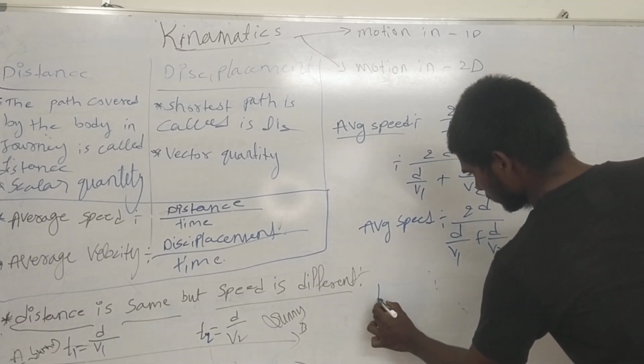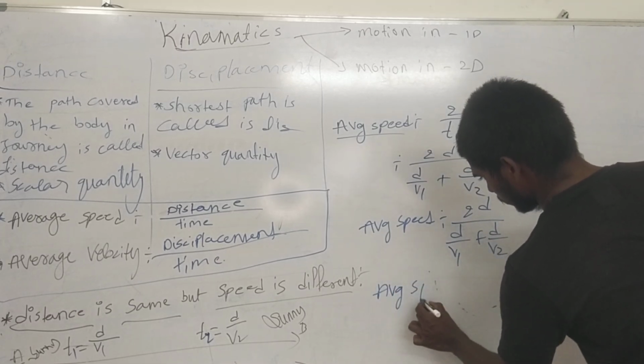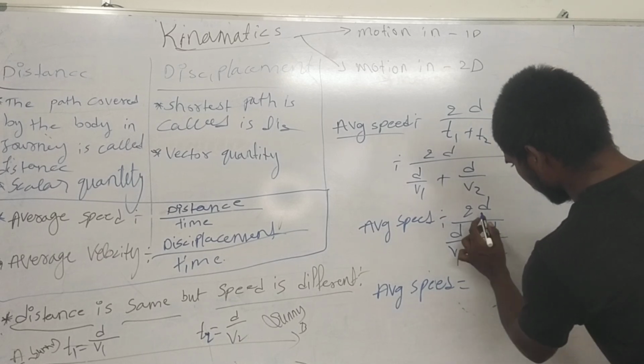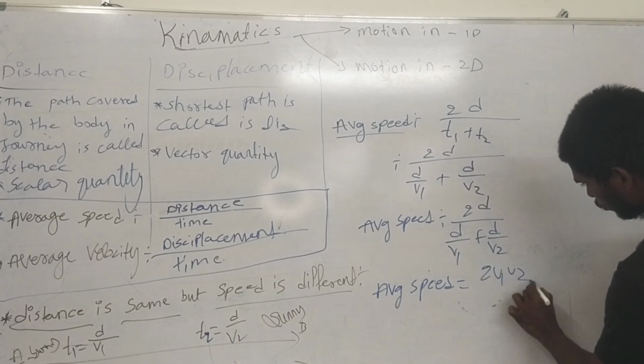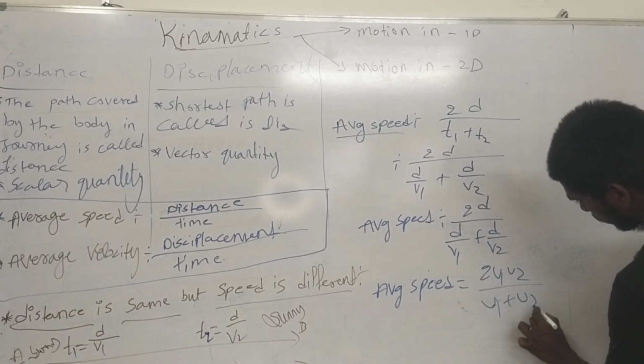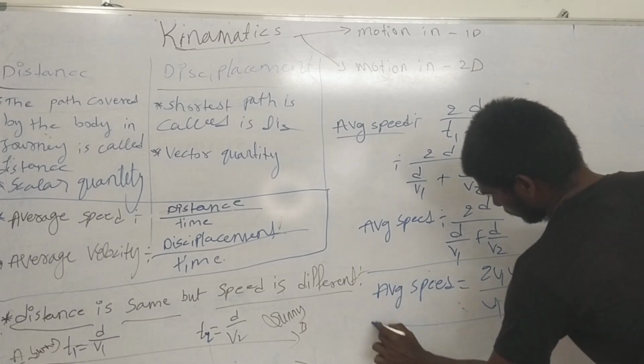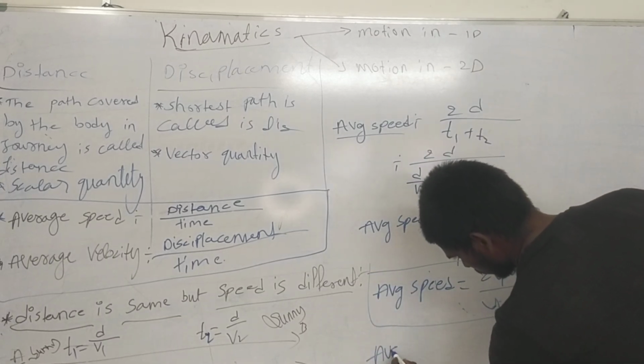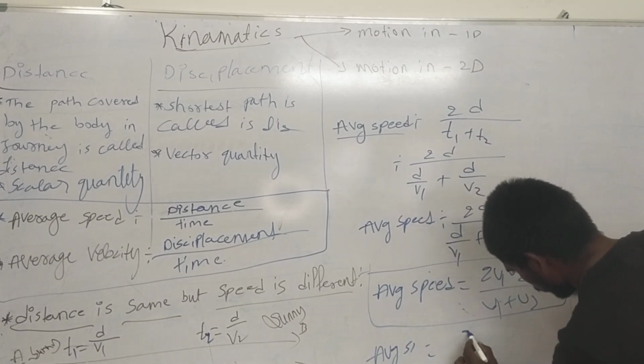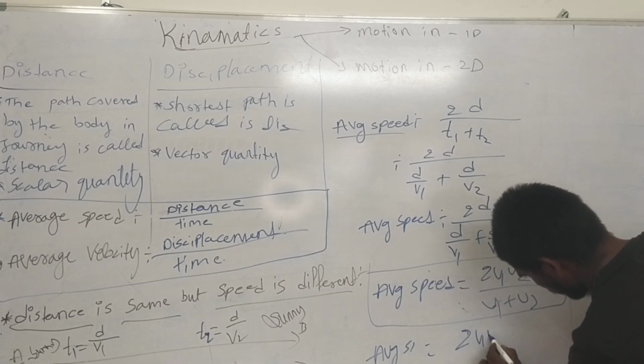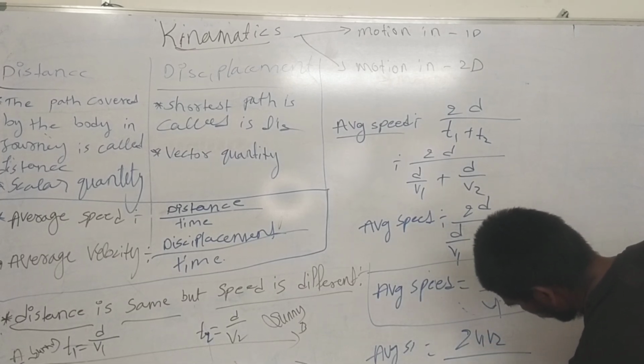If you take the LCM, the average speed of Sunny is 2V1V2 by V1 plus V2. Understood?